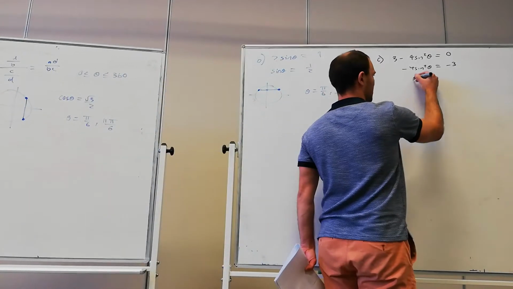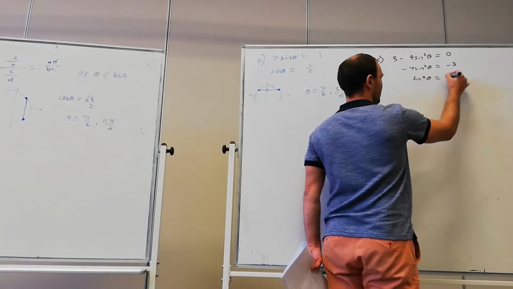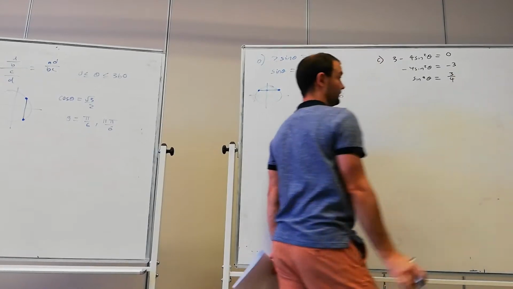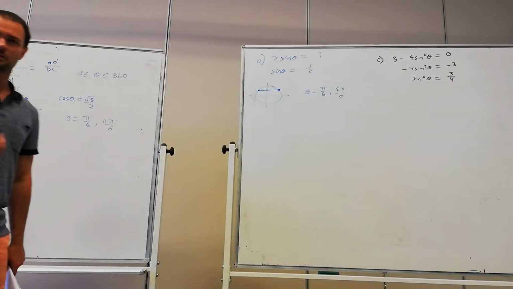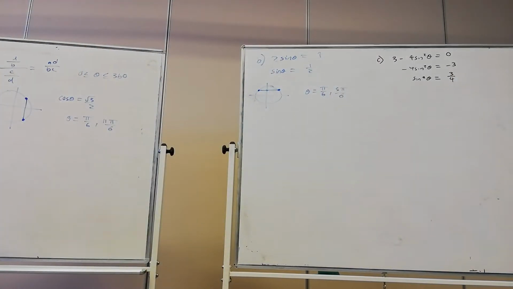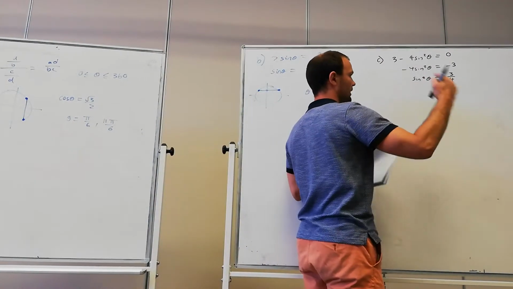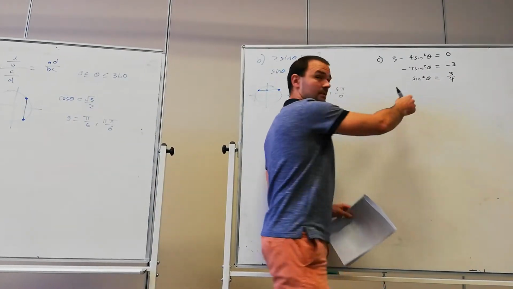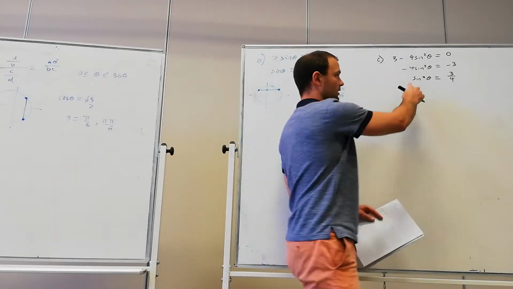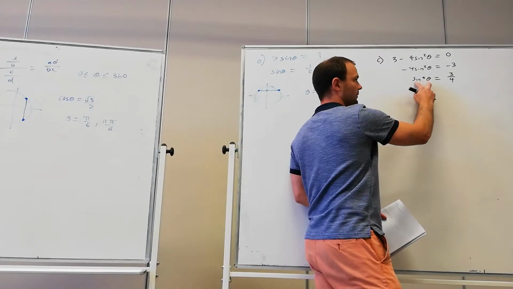So that we've just got sine squared theta is positive 3 on 4, because minus 3 divided by minus 4, the negatives cancel. We can do anything we want to an equation, as long as we do it to both sides. We want to get rid of the squared, so we're going to square root both sides. Now, just in terms of terminology, when we're talking about sine squared theta, that's how we write it.